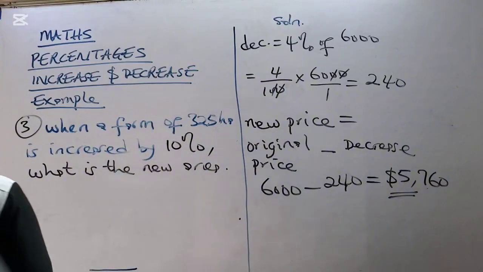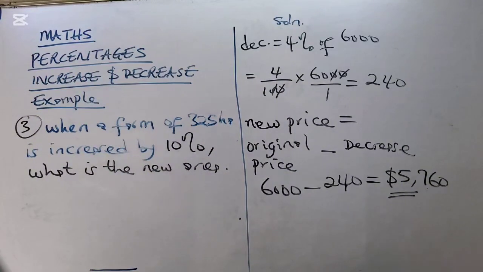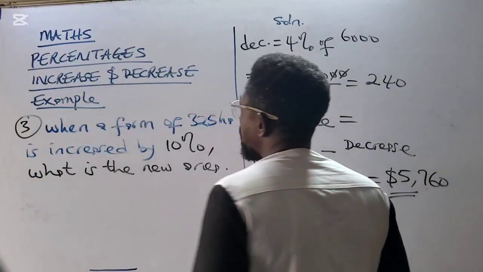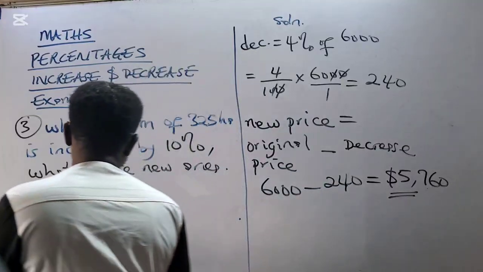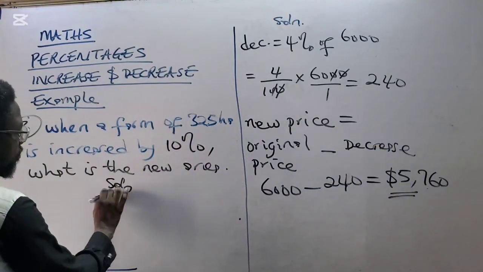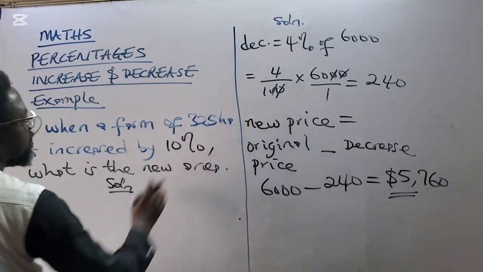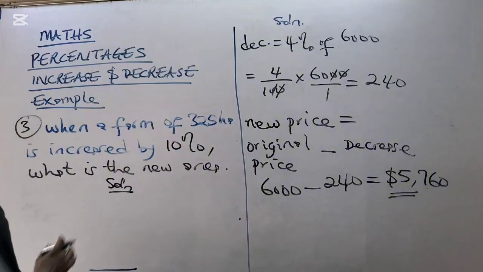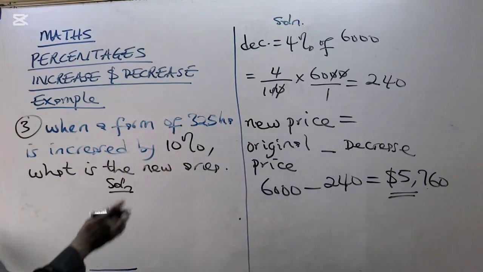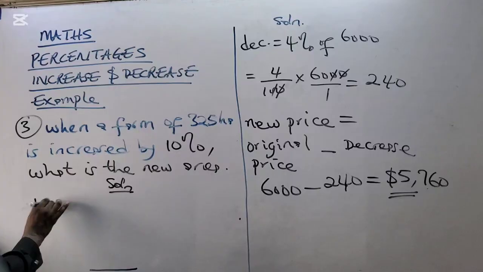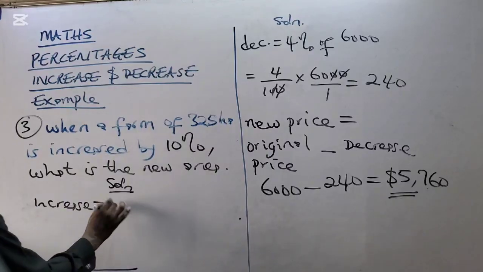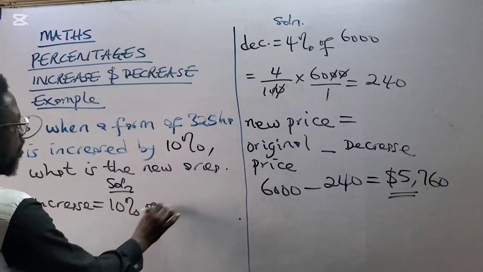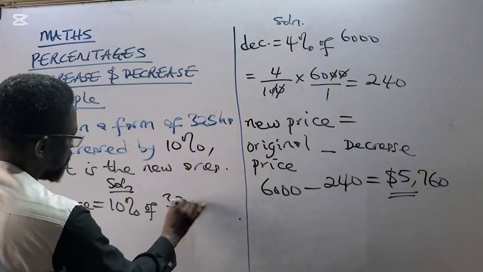Now, for a question like this, what I will need to do is, the former area of the land is 325. So now it increases by 10%. So I'll find 10% of the original value.